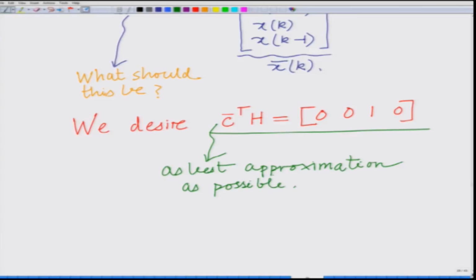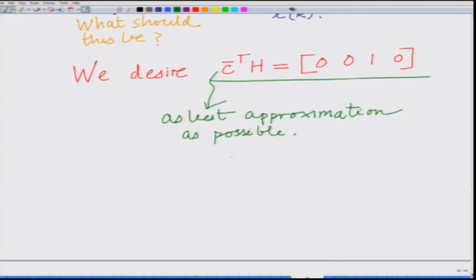That is, C bar transpose H should approximate 0 0 1 0 as best as possible. Therefore, what we desire is 0 0 1 0 should be approximately equal to C bar transpose H.